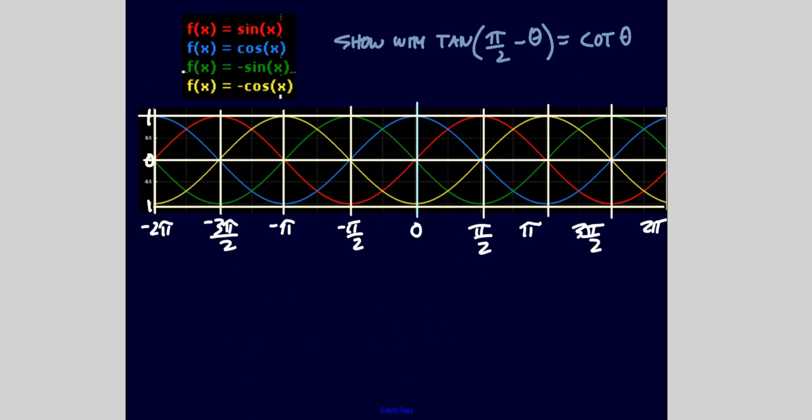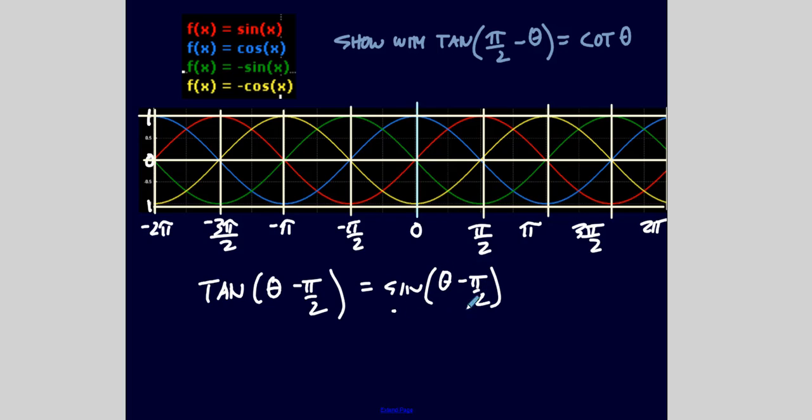Then last, why is tan of pi over 2 minus theta equal to cotangent theta? Well, we know tangent is sine over cosine. We showed that at the beginning of the video. So the tangent of theta minus pi over 2 equals the sine of theta minus pi over 2 all over cosine of theta minus pi over 2.